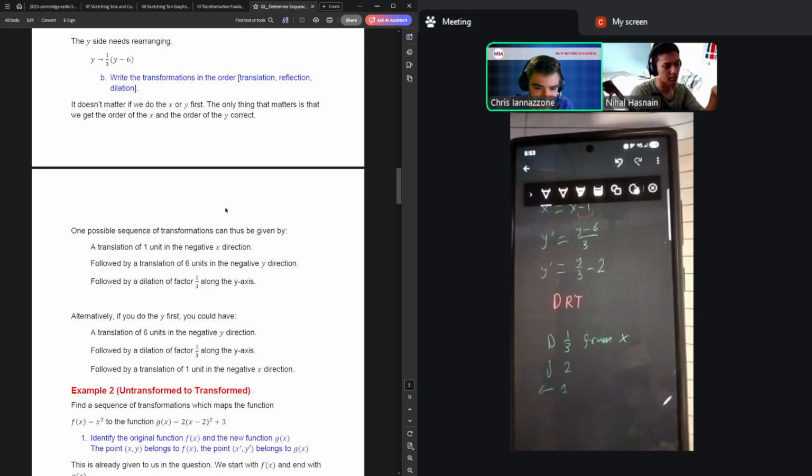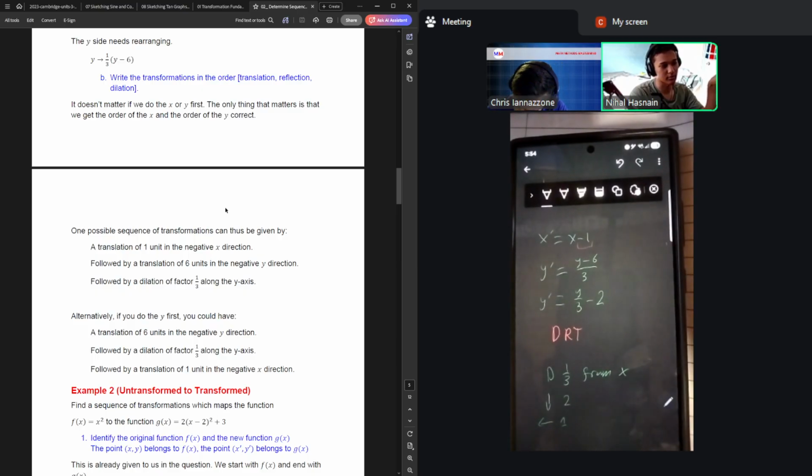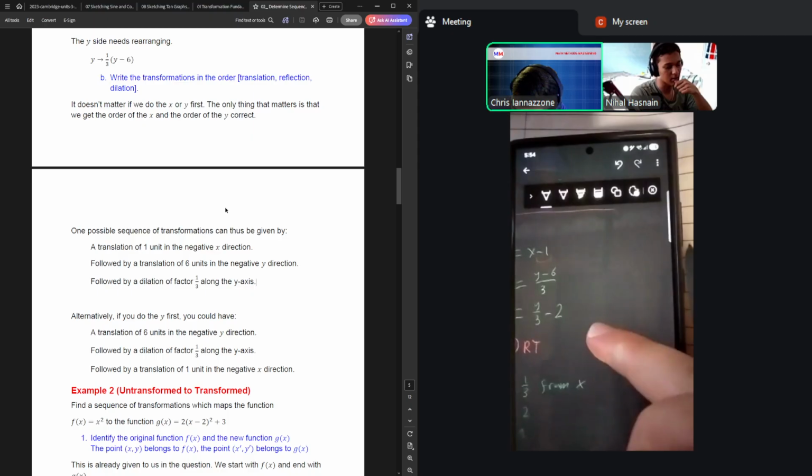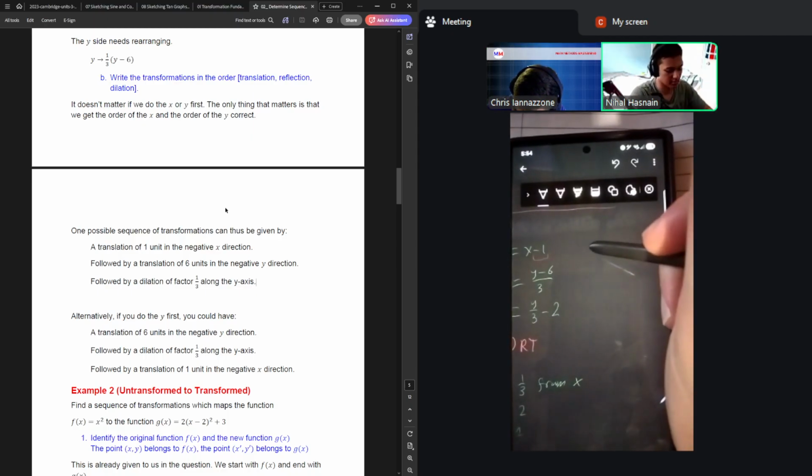Can I annotate on the screen? I want to ask another question. I'm wondering, if there's a 3x minus 2, do I express it as first a translation of x minus 2 followed by dilation of 3? So hang on, start me off again properly. So what's the modification? 3x minus 2.